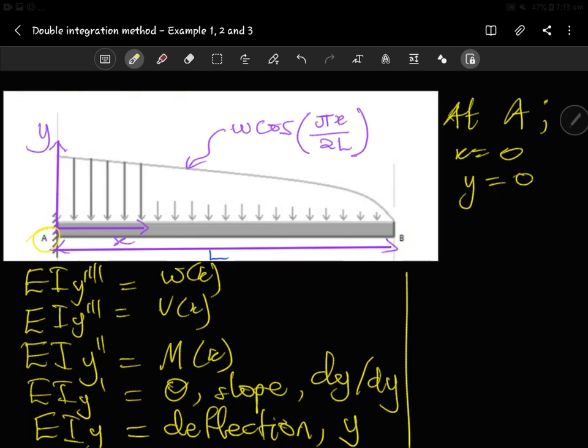And at that same point, x equal to 0, you can also see that there is no slope, so y derivative is 0.